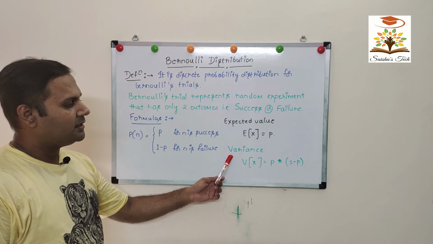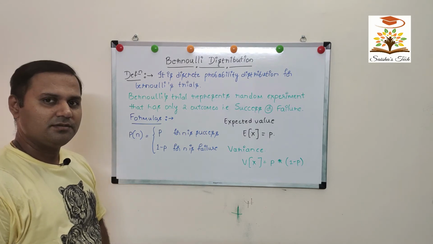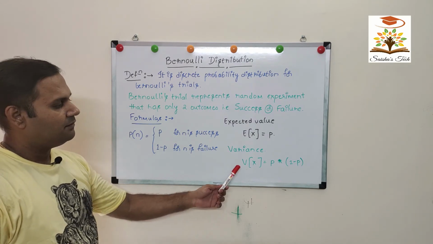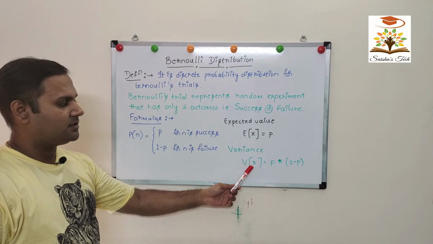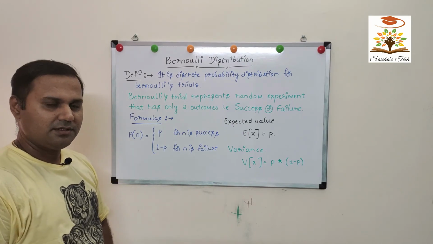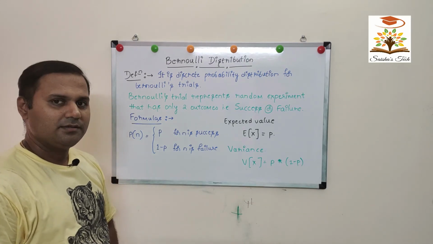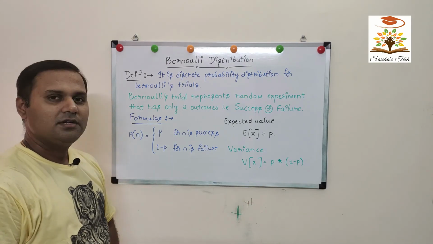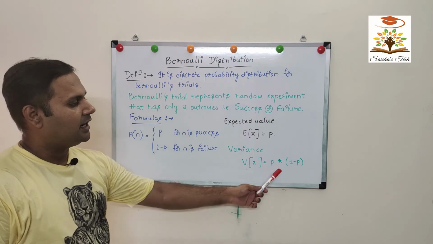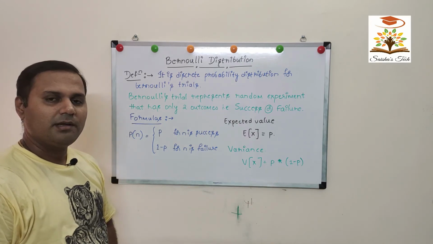Similarly, to identify the variation in Bernoulli distribution, we utilize V of x, where x represents a random experiment, which is equal to P into 1 minus P. Here P represents the probability of success and 1 minus P represents the probability of failure.